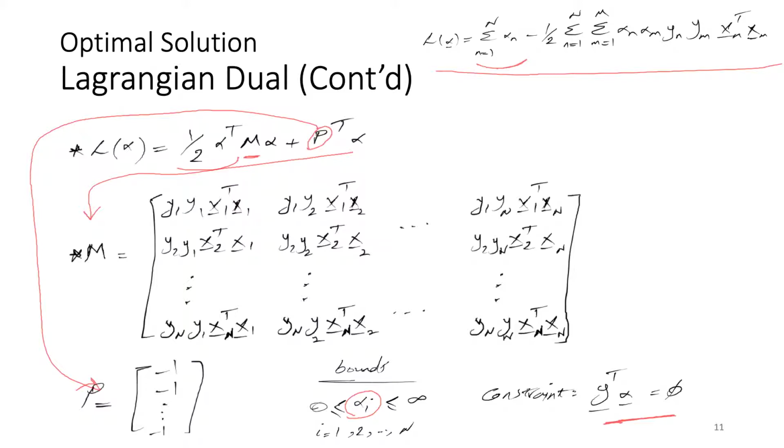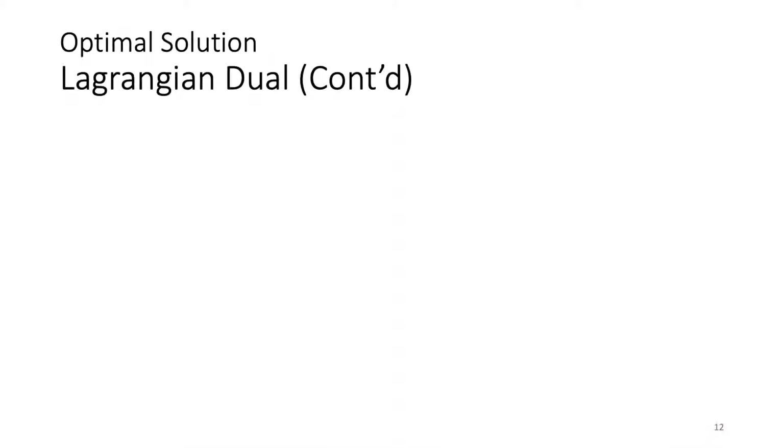All right, so now let's see what we're going to find from this, right? That was the Lagrangian form. L of alpha was equal to 1 over 2 alpha transpose M alpha plus P transpose alpha, right?